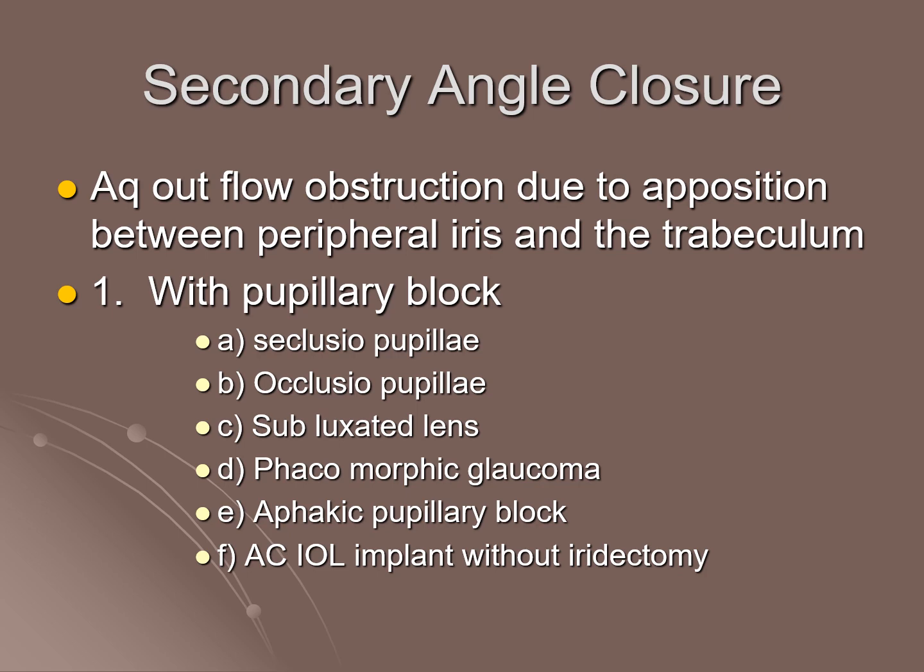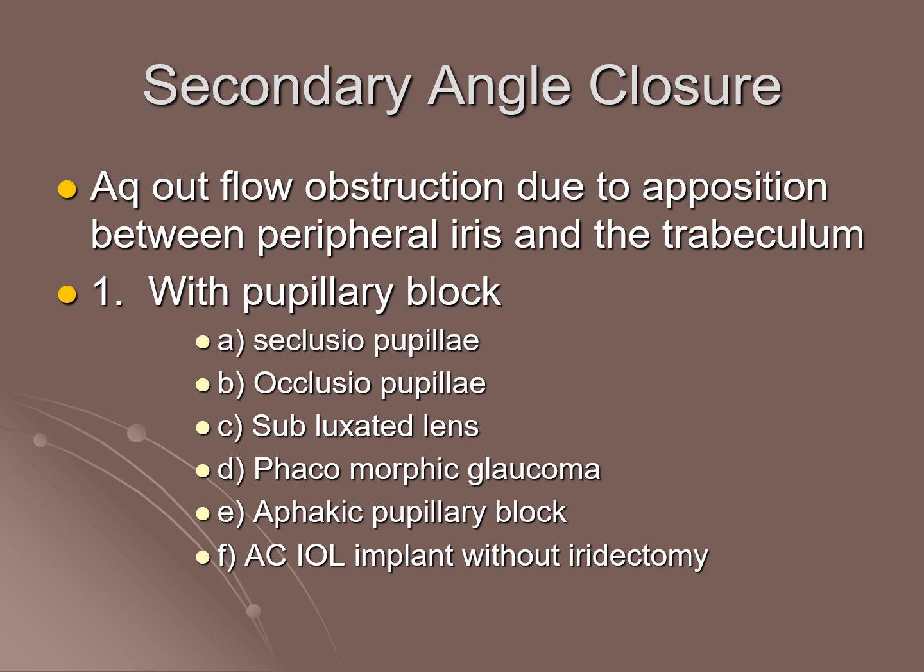So what are the secondary angle closure glaucomas? In these cases, aqueous outflow obstruction is due to apposition between the peripheral iris and the trabeculum. There are two types, with pupillary block and without pupillary block.